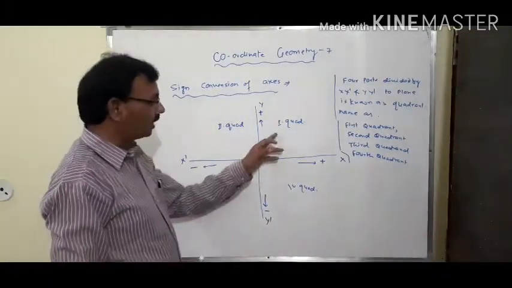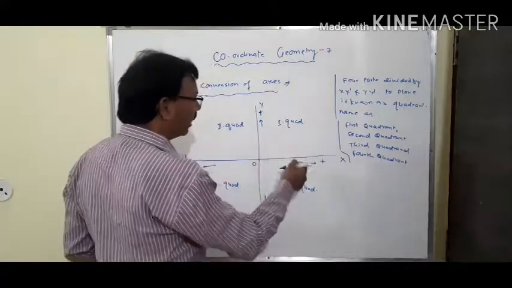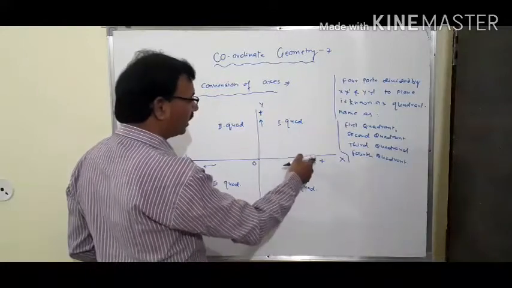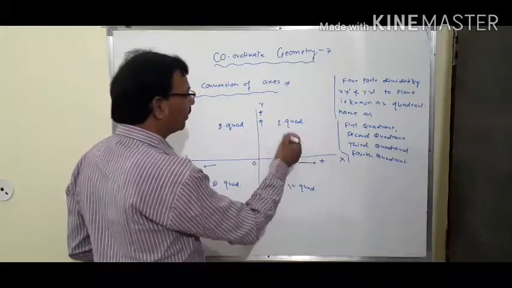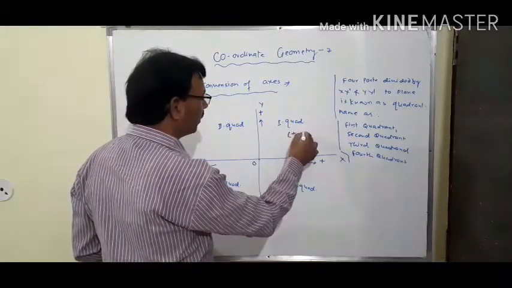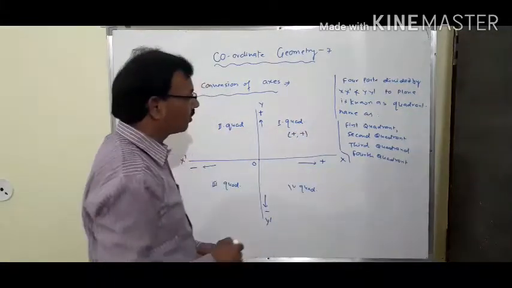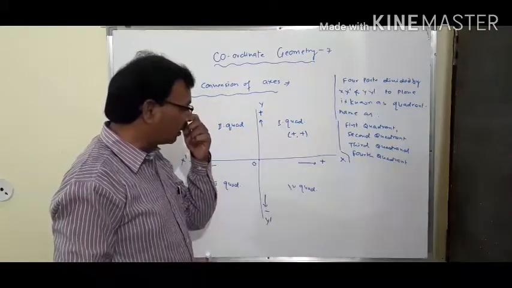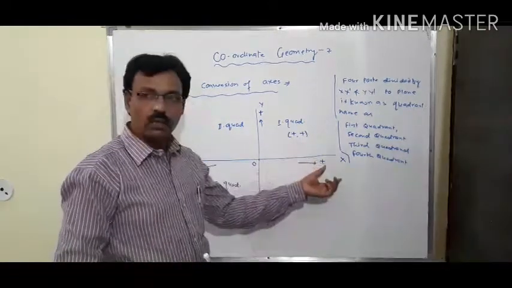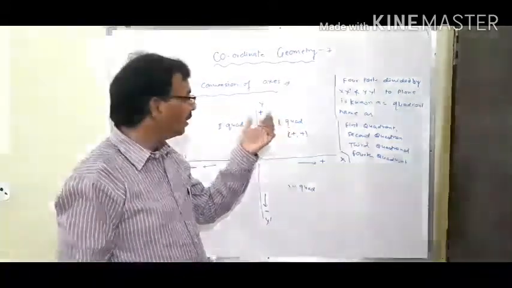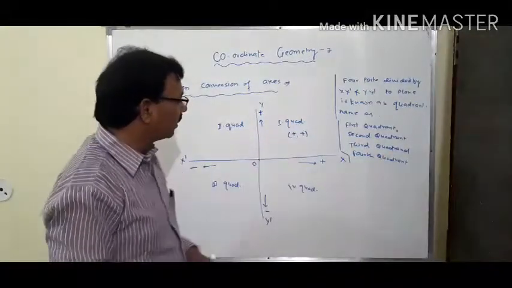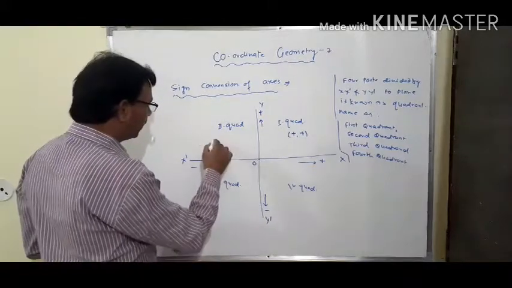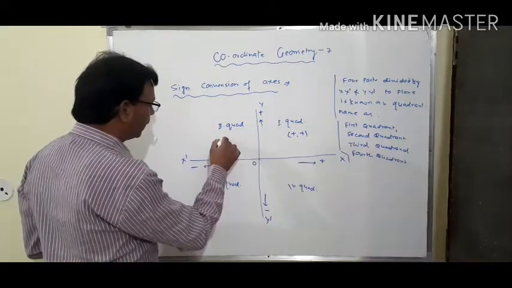In the first quadrant, the signs of the x coordinate and y coordinate will both be positive. Coordinates are written with the x coordinate first, then the y coordinate. In the second quadrant, the x coordinate will be negative and the y coordinate will be positive.